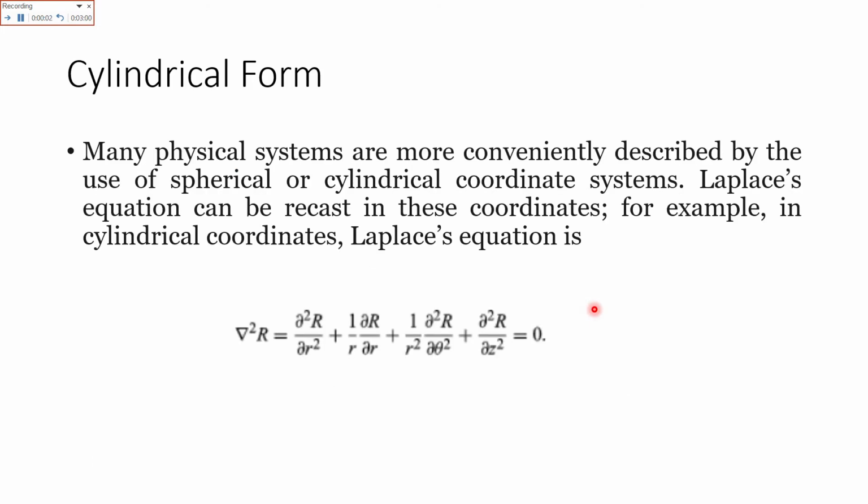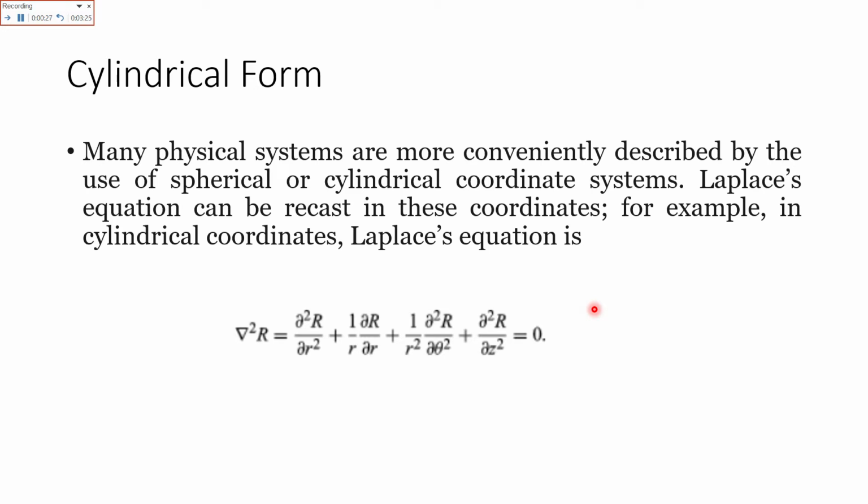Now apart from the Cartesian form, the Laplace equation also exists in the cylindrical form or in the spherical form. In some numerical analysis, when the system is a flow system, like there is a pipe and fluid is flowing through that pipe, it is impossible to apply the simple Cartesian Laplace equation.